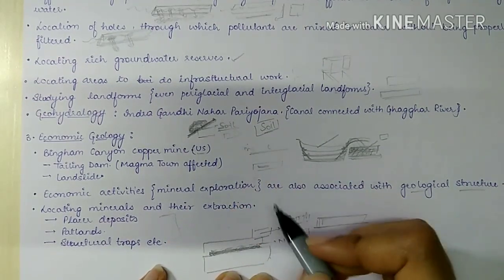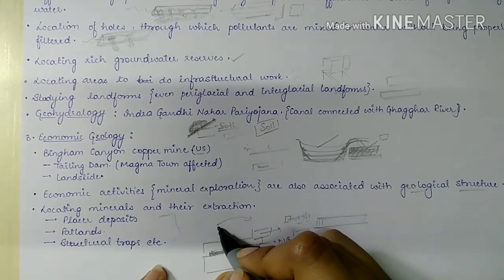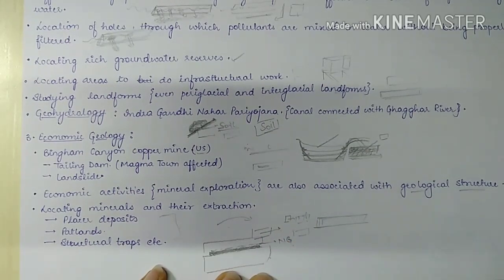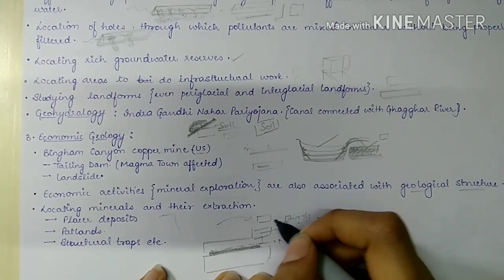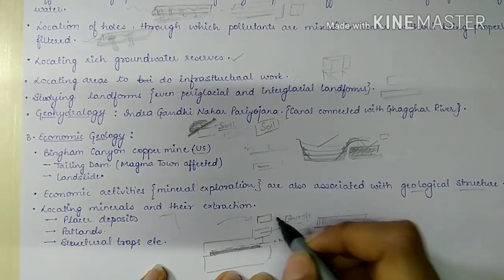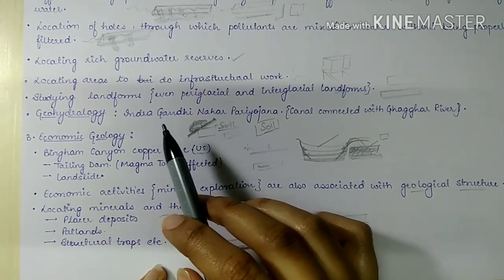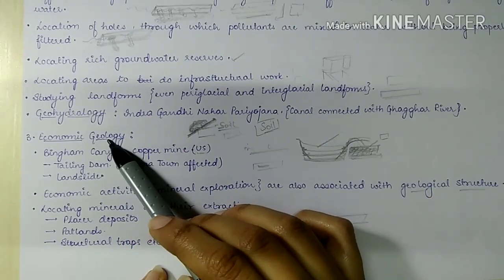All this weathering and deposition are geomorphic processes related to the availability of minerals, and these minerals are used by humans for their economic purpose. That is how applied geomorphology is associated with economic geology.